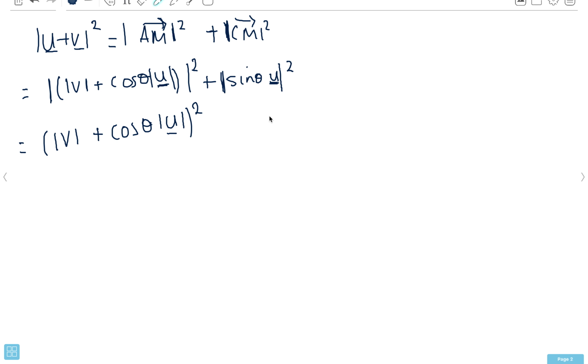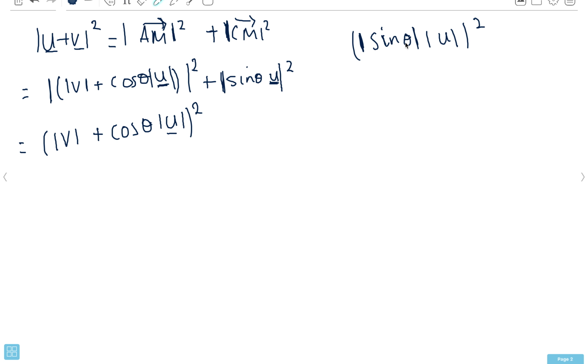And then for the second part, let's split it up again. We have mod sine theta, mod u, and we're squaring all of this.